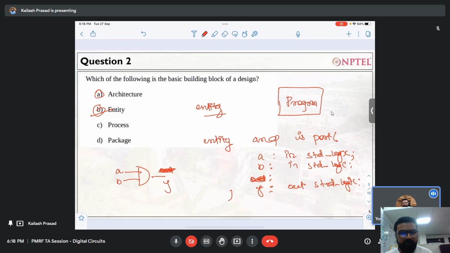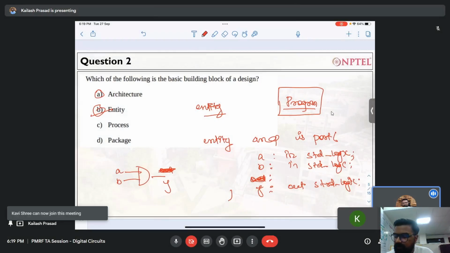I will be discussing this, and it has been discussed in the class also. If required, I will create a detailed lecture on VHDL, how to write a couple of codes. But for now, this is a program or the hardware which you have to design. In our case, it is an AND gate.